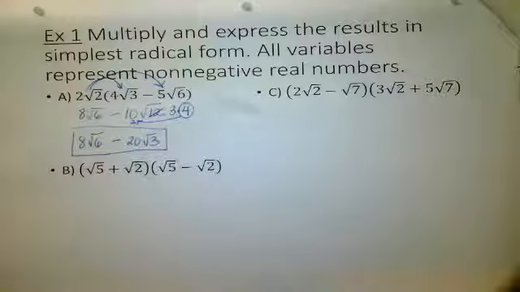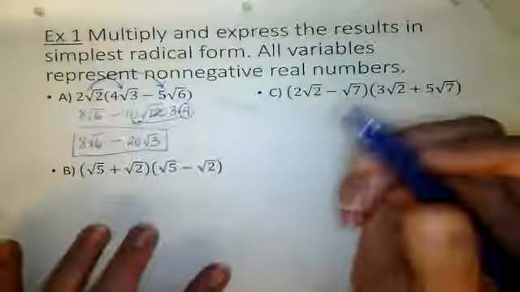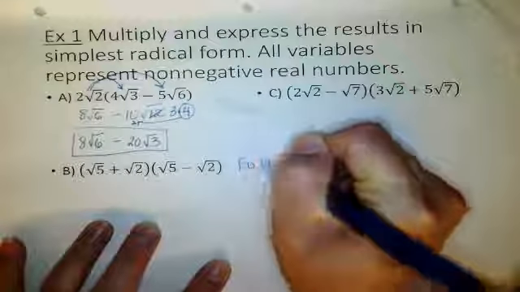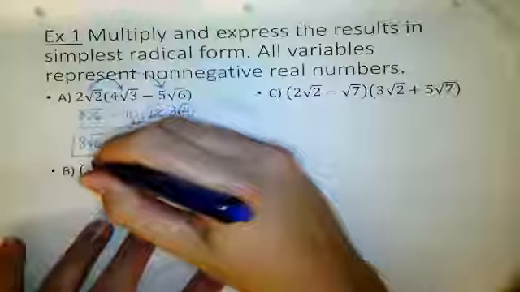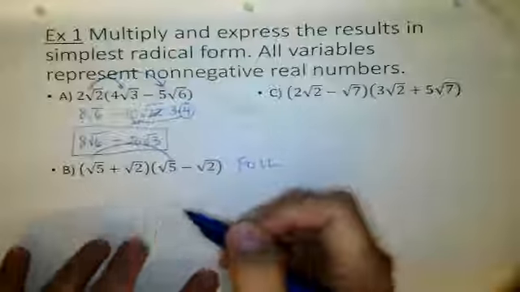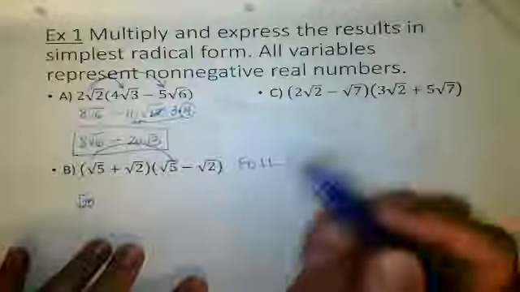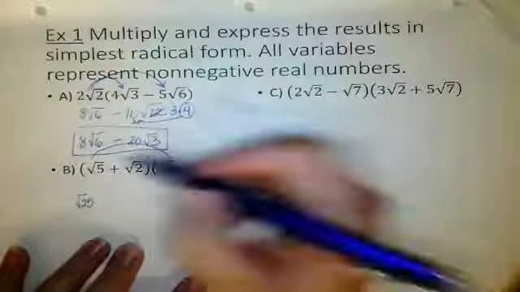Letter B. What do we need to do when we have a binomial times a binomial? Distribute or FOIL, if you will. So first times first is radical 25, which will simplify. We'll do that next.